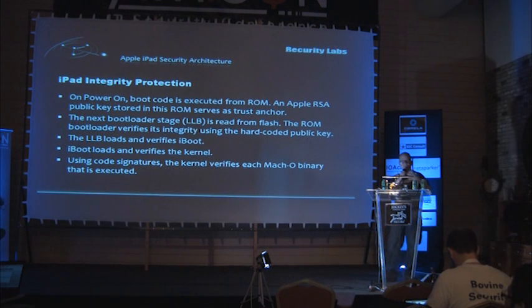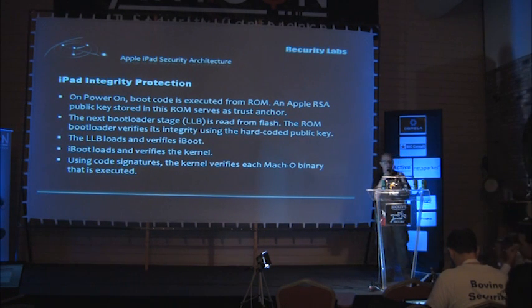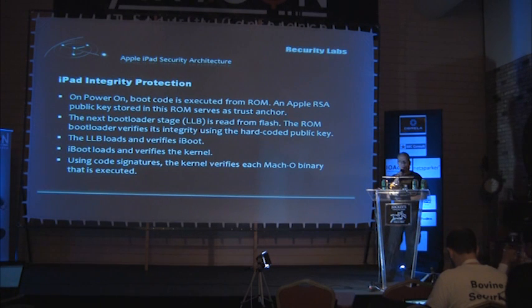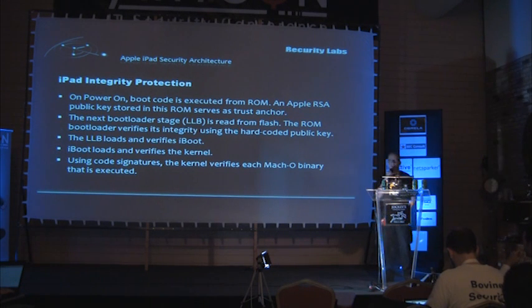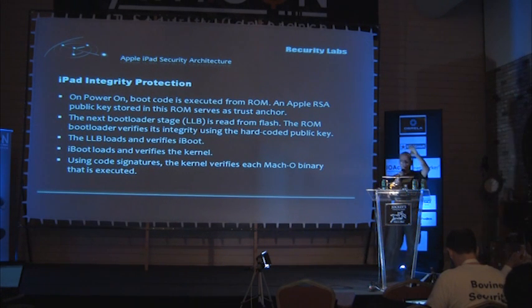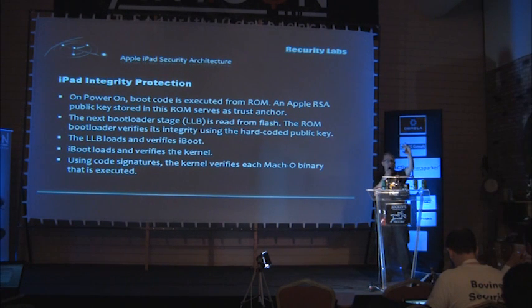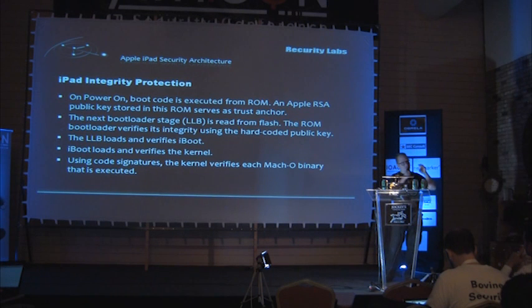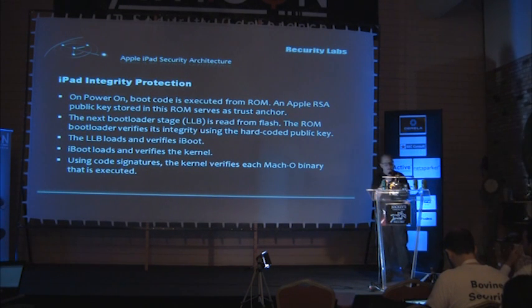They have an integrity protection mechanism. This is common on those client platforms. This is also common for mobile phones, that you have an integrity protection chain, meaning that on power on, there is some initial trust anchor, and from this initial trust anchor, the next stage is validated, and then the next stage is started, and then the next stage validates the third stage, and so on and so on.